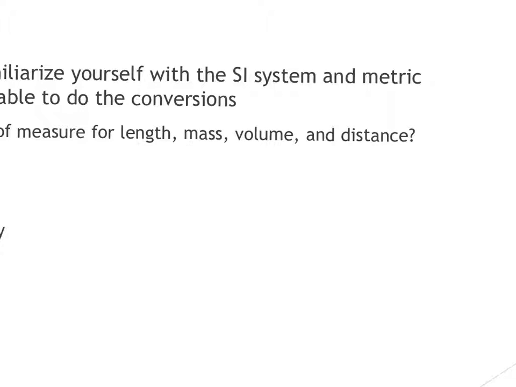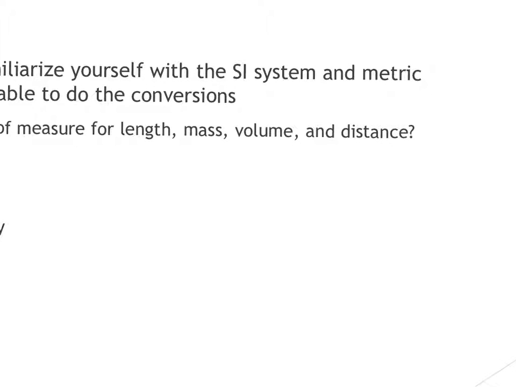You're also required to know the SI units for length, mass, volume, distance. So what is the SI unit for length? Meters. Very good. What about for mass? It is not gram. It's kilogram. Very good.